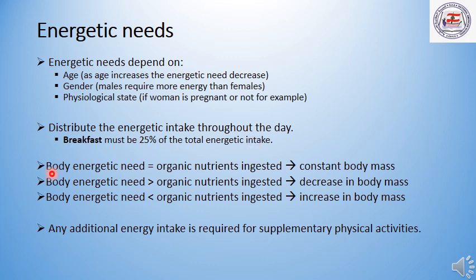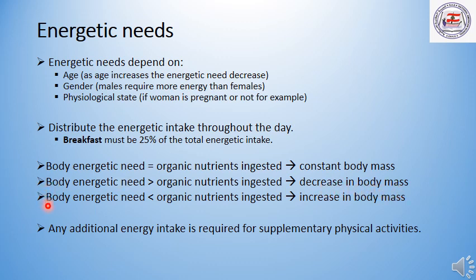In terms of the body mass, in case the body energetic need was equal to the amount of organic nutrients ingested, this would lead to a constant body mass. If the energetic body need was higher than the amount of organic nutrients ingested, this will lead to a decrease in the body mass.